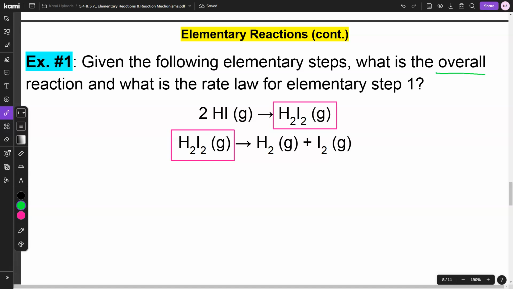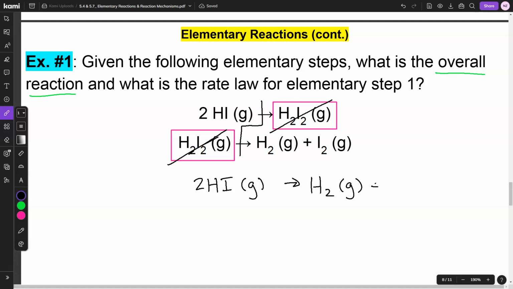Because the question is asking us for our overall reaction. So I'm going to now add up the left side and the right side of our reaction, but eliminating our H2I2. So on the left-hand side, I would have 2HI. And then on the right side, I'm going to have hydrogen and iodine. That would be our overall reaction.